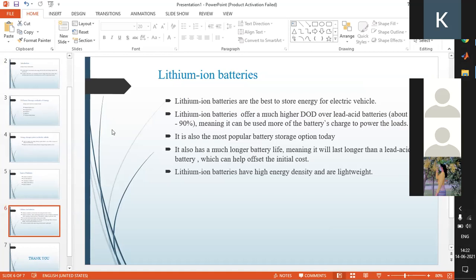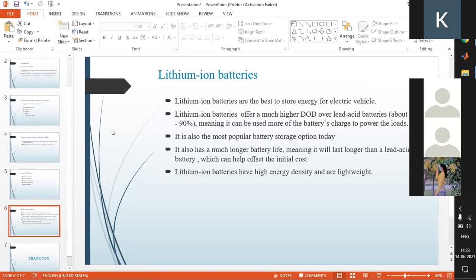Lithium-ion battery offers a much higher depth of discharge, about 80 to 90 percent, meaning more of the battery can be used to power the load. It is also the most powerful battery storage option today. It also has a much longer battery life, meaning it will last longer than a lead-acid battery.